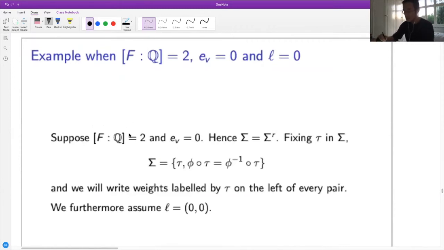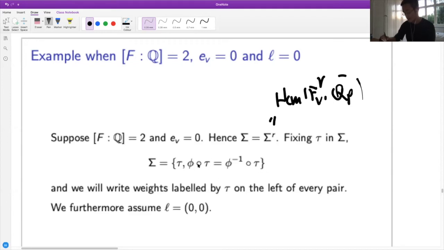So I'm going to set the degree to be 2. My ramification index is 1, in which case my Sigma is nothing other than Sigma_r, all the unramified embeddings. I'm going to fix tau in Sigma. Then I can describe both embeddings in Sigma by tau and phi twist over tau, or phi inverse twist over tau.